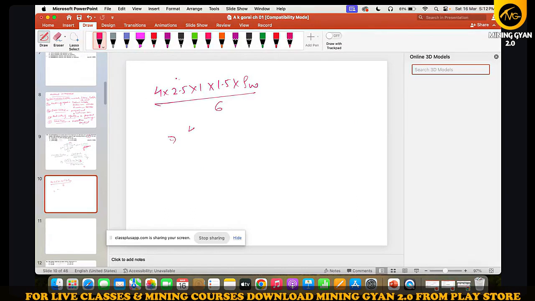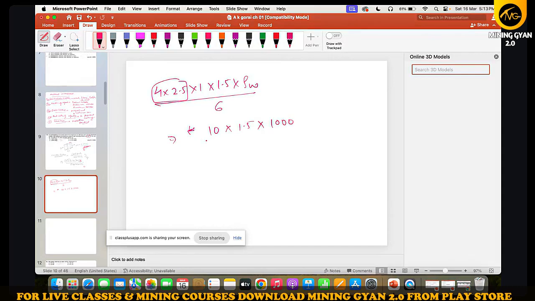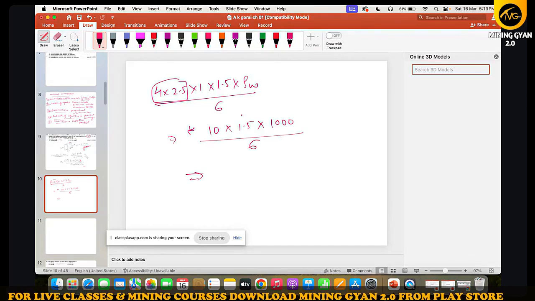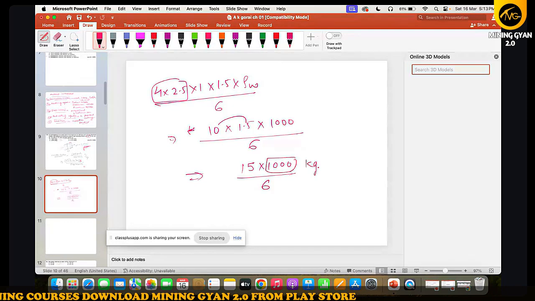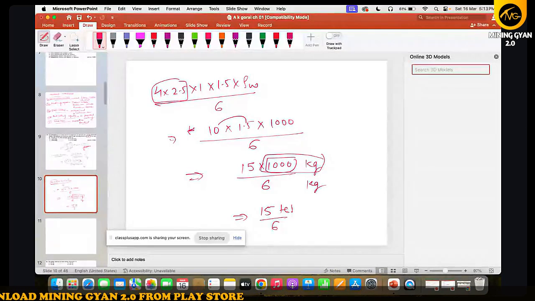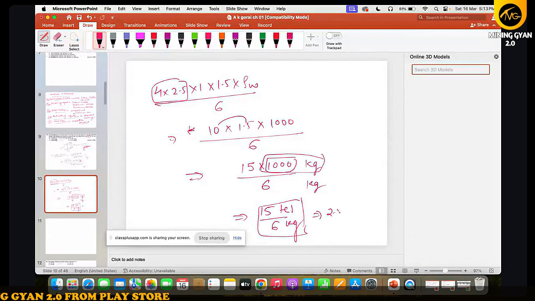When we multiply, it will come to 10 into 1.5, and the density of water is 1000, divided by 6. So this is 15 into 1000 divided by 6. So it is kg by kg. To convert it, write it in ton. So 15 ton by 6 kg. So divide, it is 2.5 ton by kg.